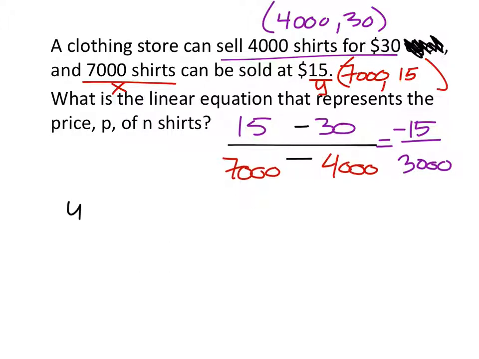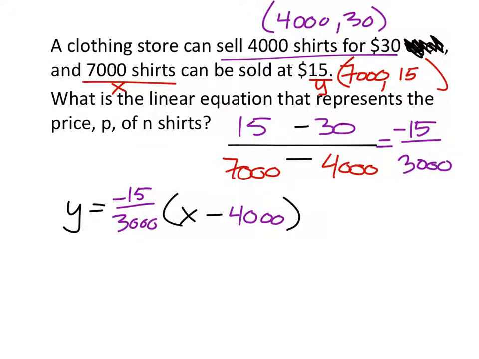So, we got our point-slope form. I'm going to use mine, y equals m(x minus x1) plus y1, okay? And we got the slope of negative 15/3,000, pretty ugly. And we got x minus, oh, we get two values to choose from. What the heck, we'll use 4,000.